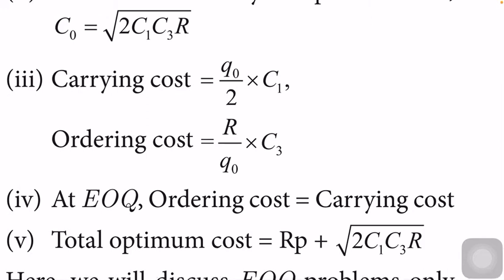The total optimum cost formula is RP plus square root of 2C1 C3 R.